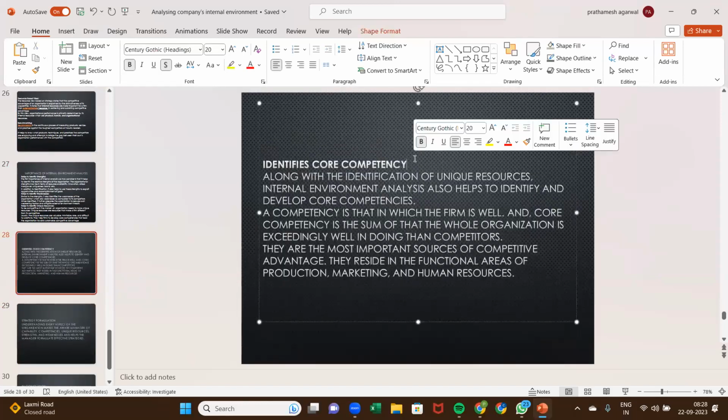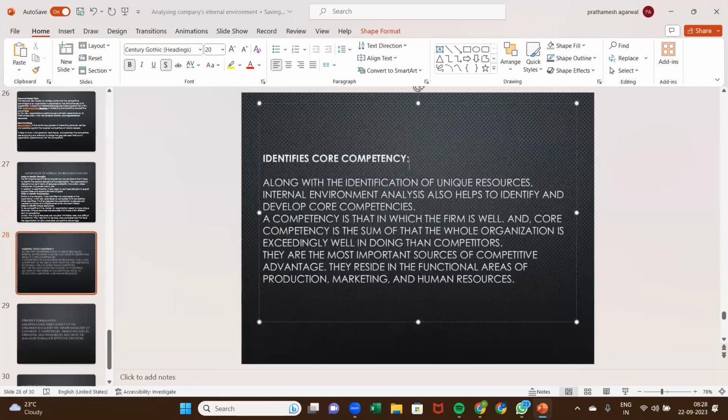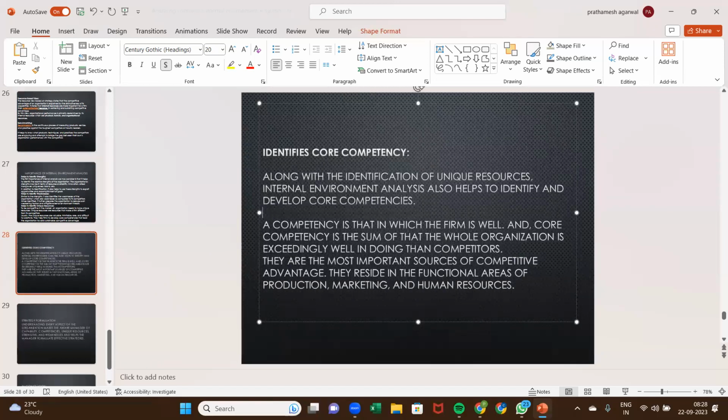Then identifying core competency. Along with the identification of unique resources, internal environment analysis also helps to identify and develop core competencies. A competency is that in which the firm does well, and the core competency is the sum.